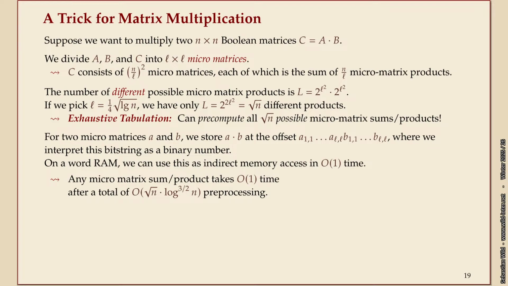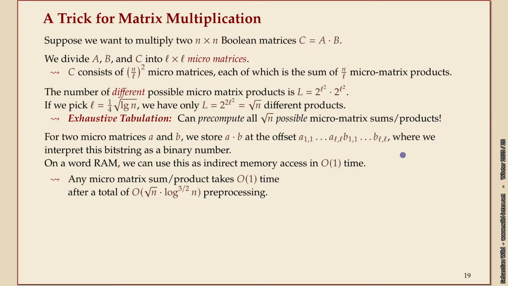Then if you look at how we arrange this table of results, also you have flexibility, but one option is you just list all the entries of the 2 matrices, one after the other, and you treat the entire bit string of all the entries as one giant, or maybe not so giant, binary number. And because it's a number, you can use it as an index in an array.